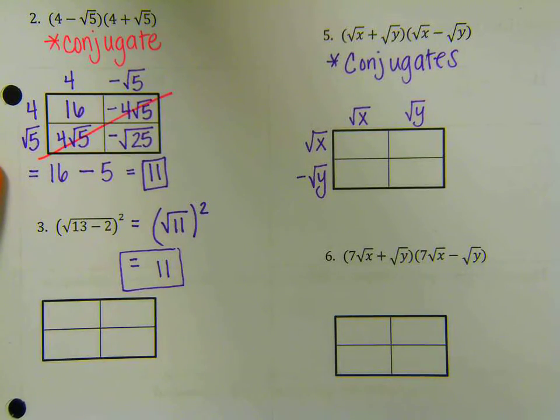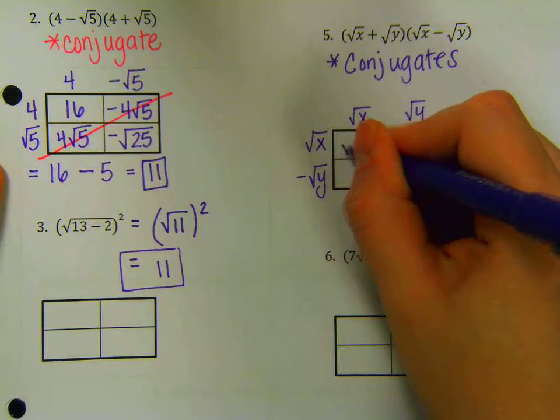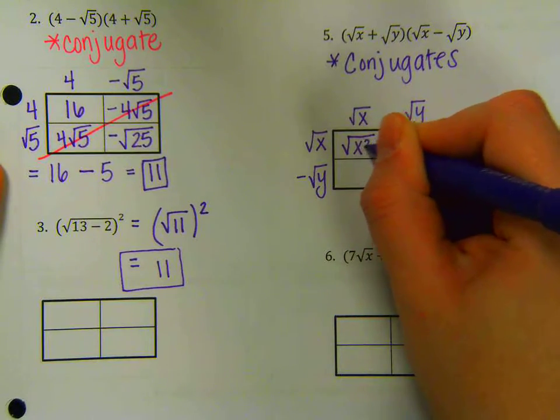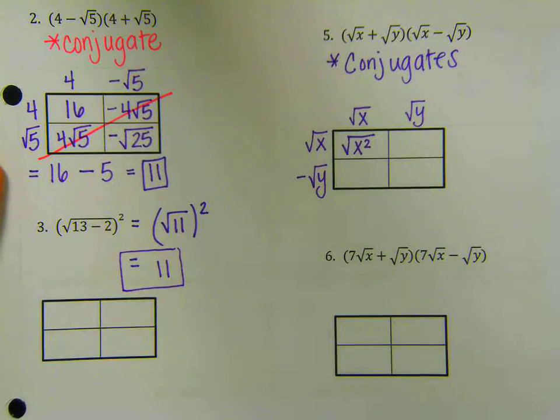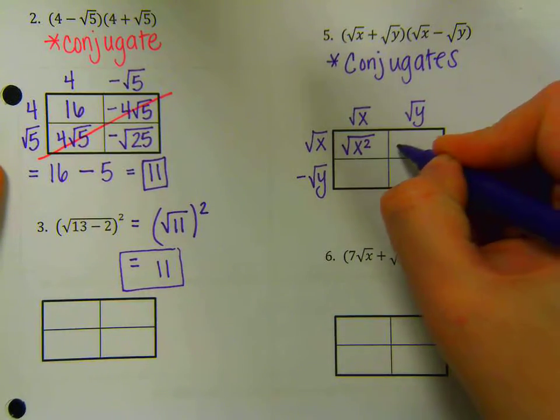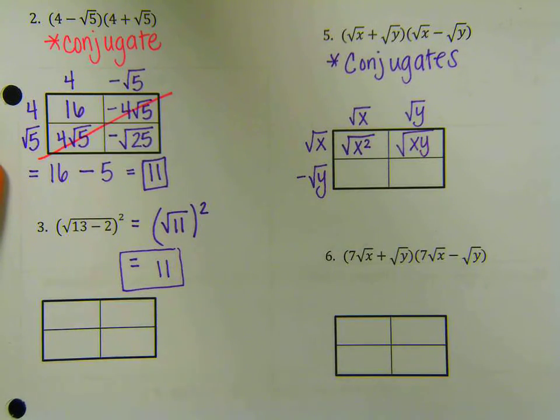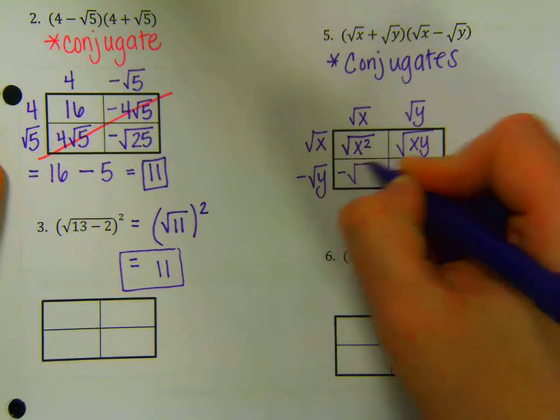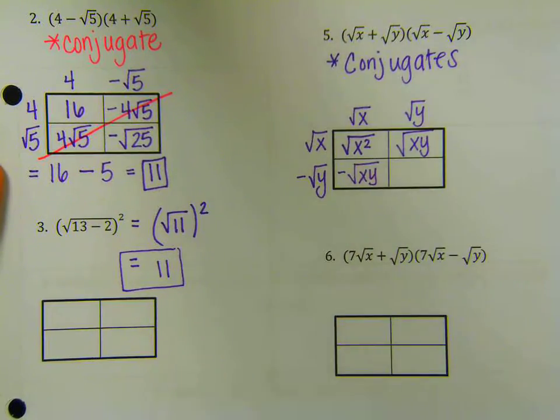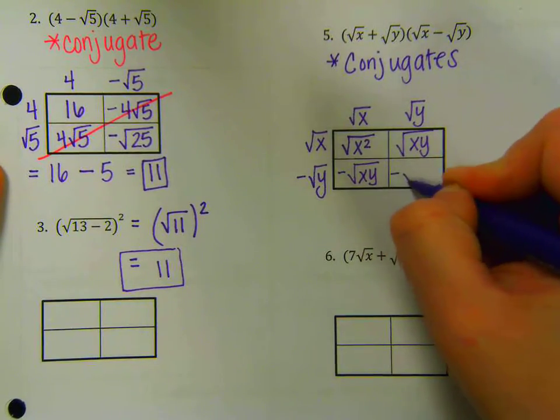So square root of x times x is square root of x squared. We are going to simplify it after. But if you want to simplify it already, that's fine. Then we have square root of xy. Yep, negative square root of xy. And then negative square root of y squared.